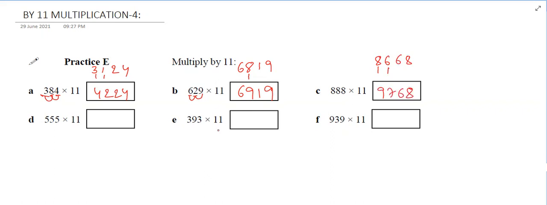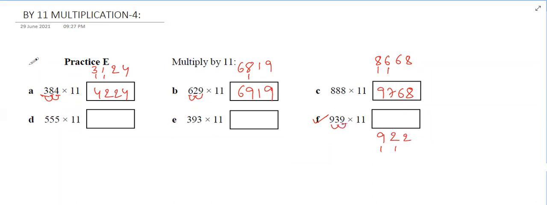And today's last question, Bhargav, F1. Sir, 9 is the first digit. 9 plus 3, 12. One goes carry over. And then 3 plus 9, 12. One goes carry over.